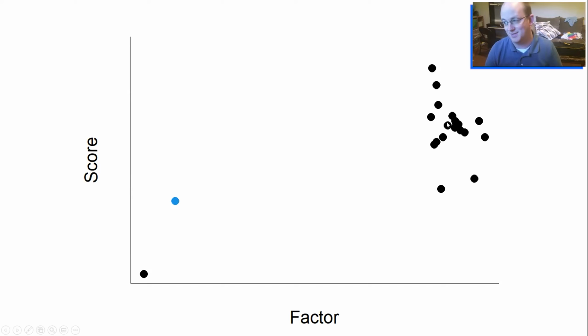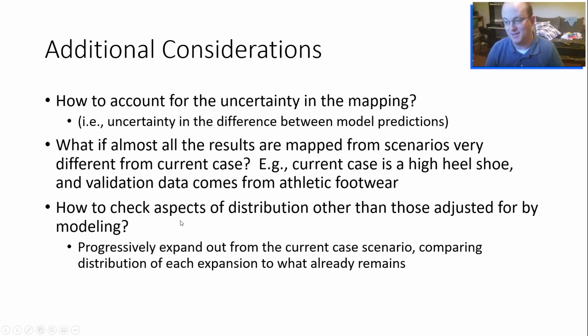But you could also imagine that the mean stays the same and just the variability in the distribution changes. So there's a huge amount of uncertainty here, and that's something that would need to be accounted for, especially in instances where the current case is relatively extreme among the collection of validation cases that have been collected to date.